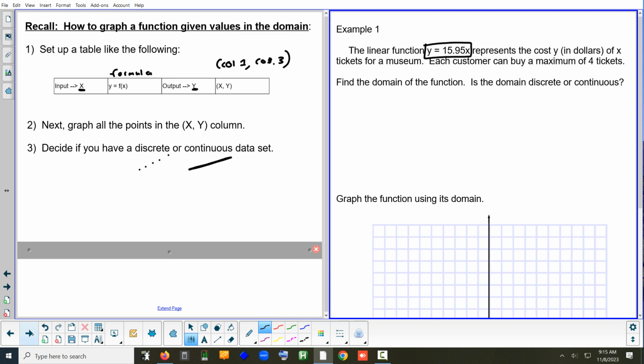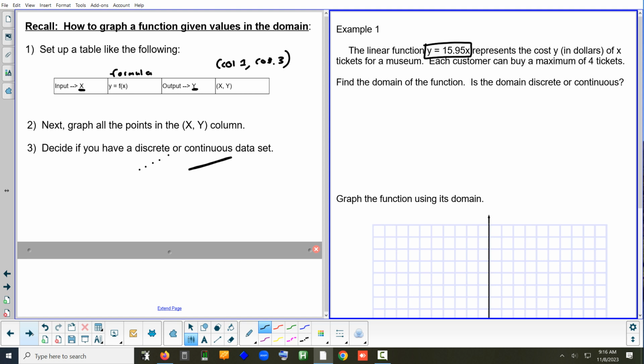Okay, so example 1. It says the linear function y equals 15.95x represents the cost in dollars if you buy X tickets. Okay, so that's a formula to calculate how much it would cost for you to go to the museum. So like if you bought 4 tickets, you'd plug in a 4 for X, multiply it by 15.95, and that will tell you the cost for the tickets.